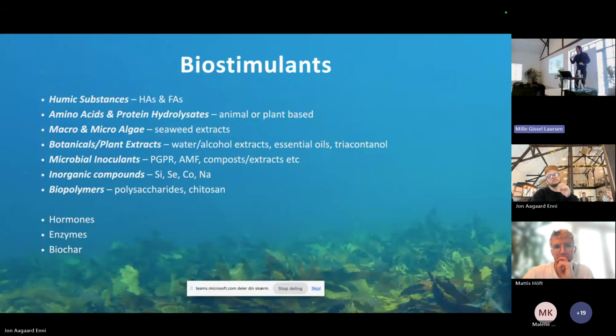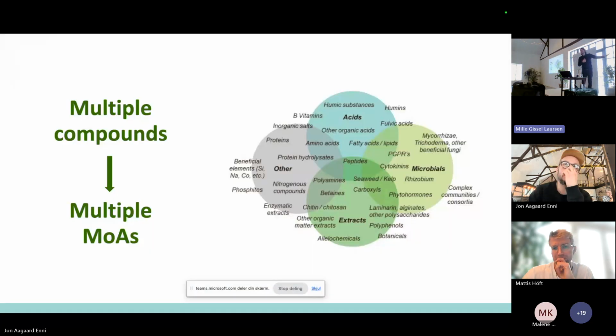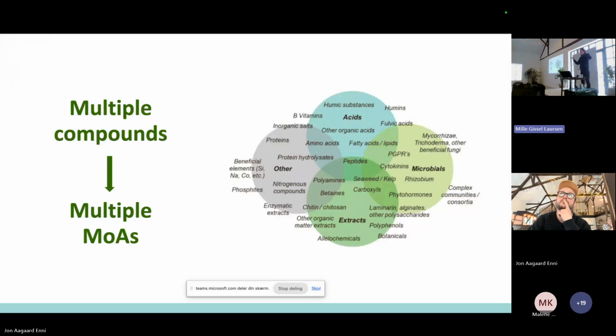The challenge with biostimulants is that they are a very, very diverse array of compounds, with multiple modes of action. And that is what makes them a little bit tricky to navigate. When we say, oh, I used biostimulants and they didn't work, or I used biostimulants and they worked really well, that's not very useful.